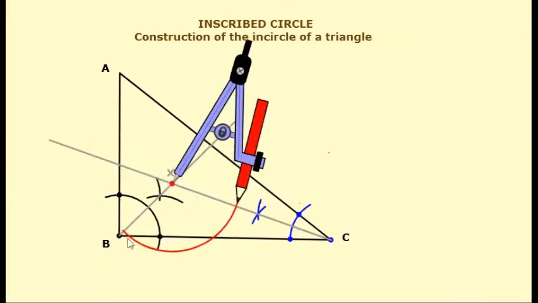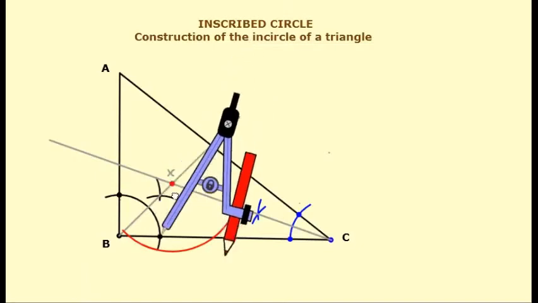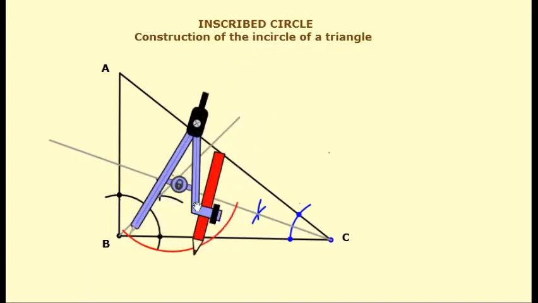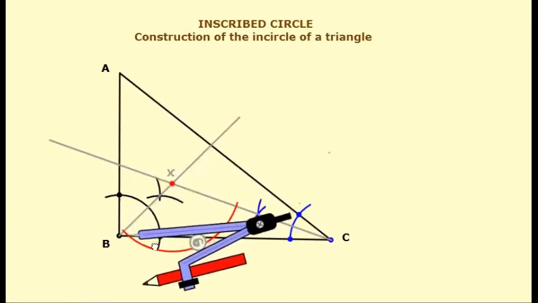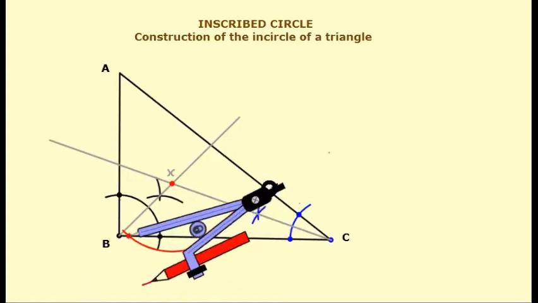You draw the arc like this, then you move the compass to the point where it intersects and draw another arc.